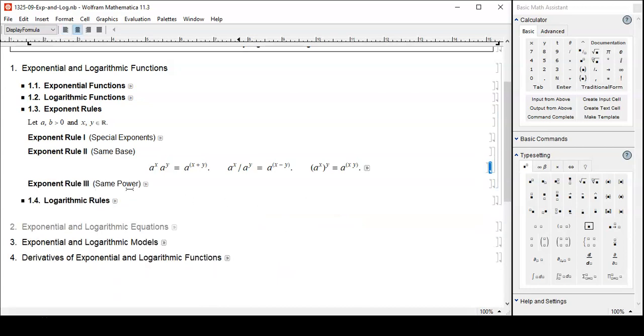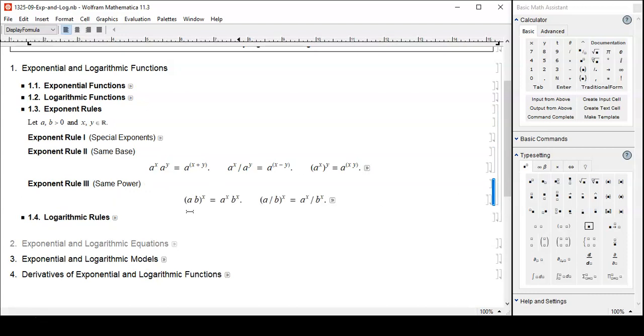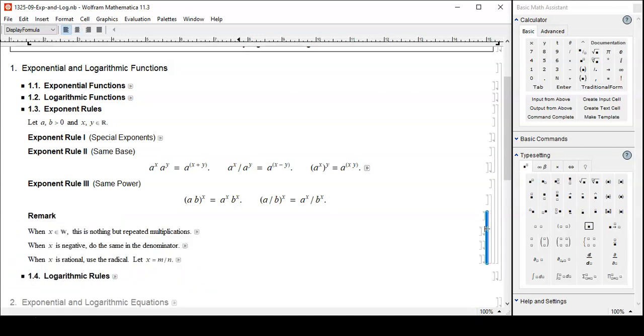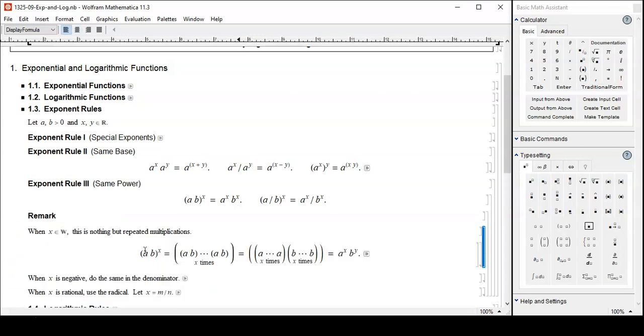Okay, next. What if you have the same power and different bases? I can distribute those powers, either multiplication or division. How does it work? They're actually much easier to see. You see, ab to the x power is ab times ab times ab, repeated x times, but change the order of multiplication: a to the x power here, b to the x power like that.